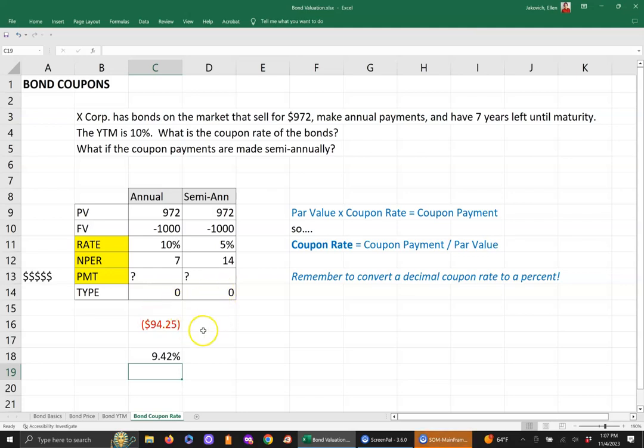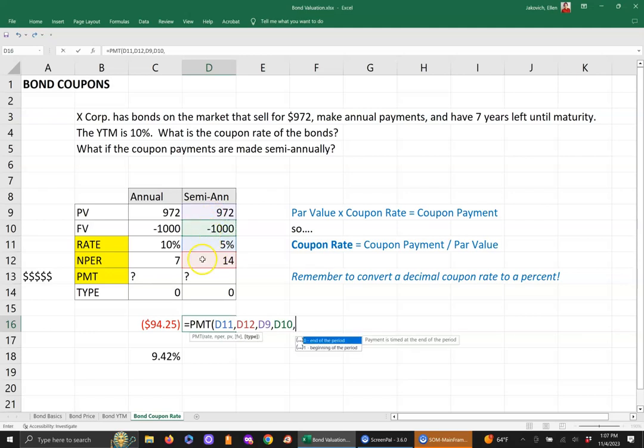Now, semi-annual. Again, we do equals PMT, open parenthesis, and we put in the rate, comma, number of periods, comma, present value, future value, and type, and close parenthesis, and we get 47.17 is the semi-annual payment in dollars.